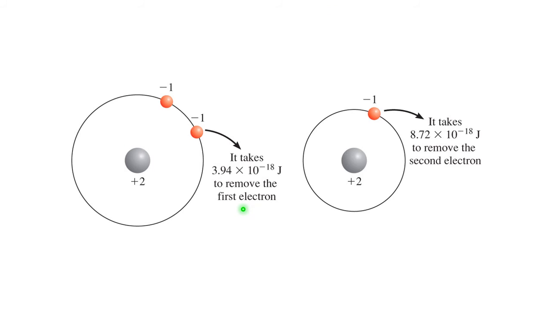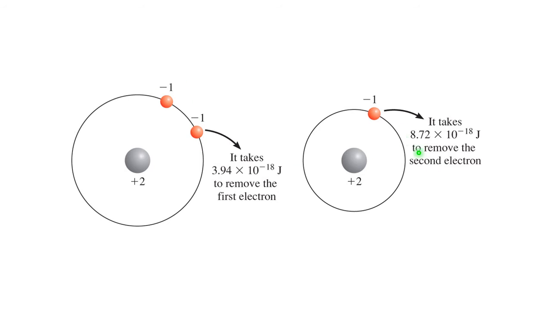Now, what can we say about energy? It takes some energy to remove one electron. We name this ionization energy.